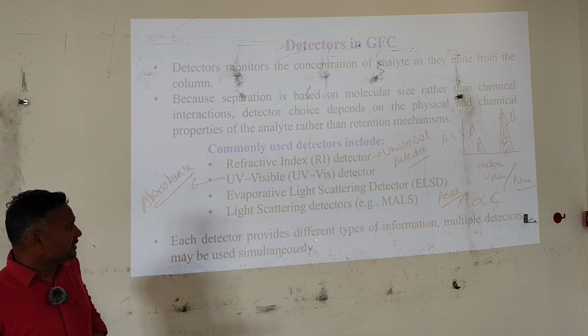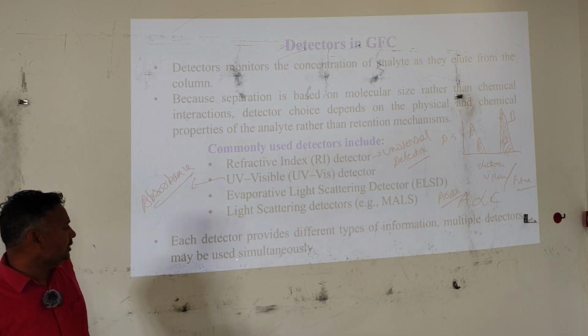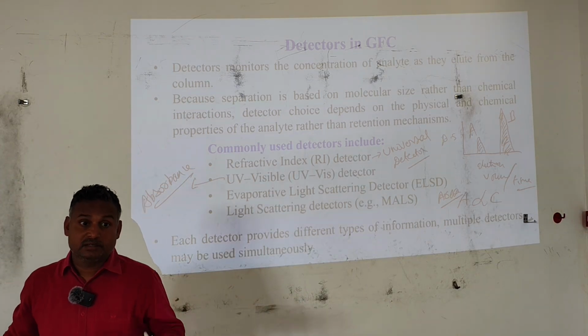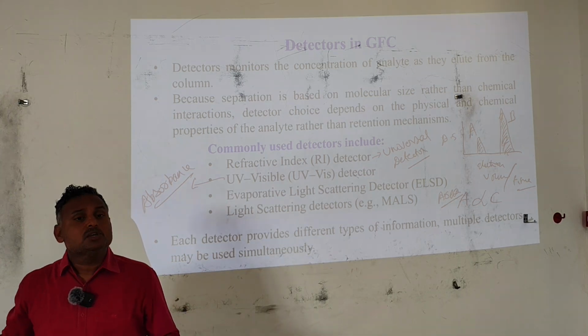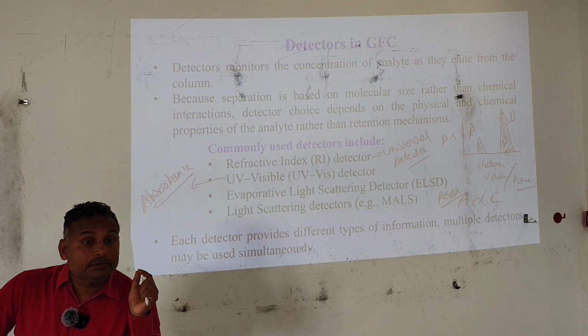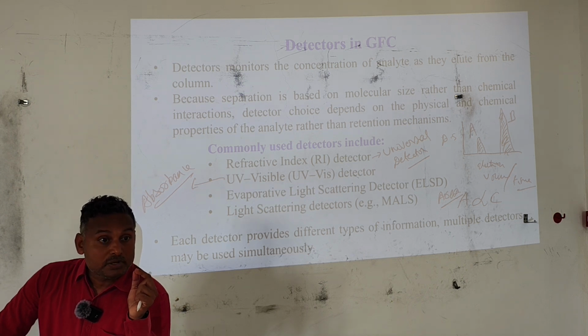Each detector provides different types of information. Multiple detectors may also be used simultaneously. We can use two detectors at a time. It is possible, because during the detection process, it will not destroy the compound. The separated compound will not be destroyed during the detection process.